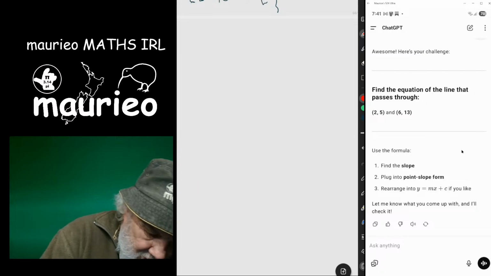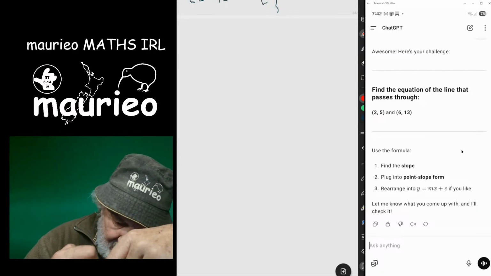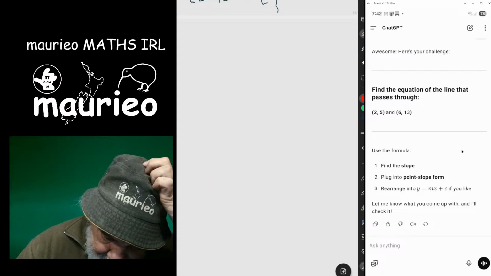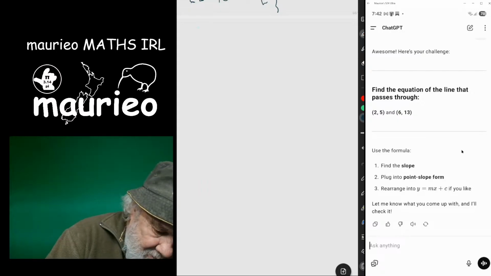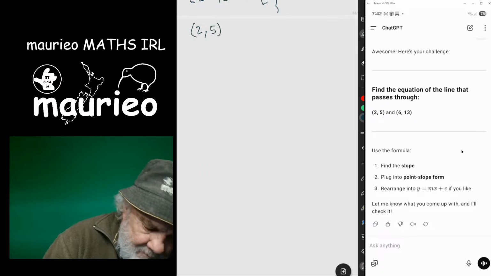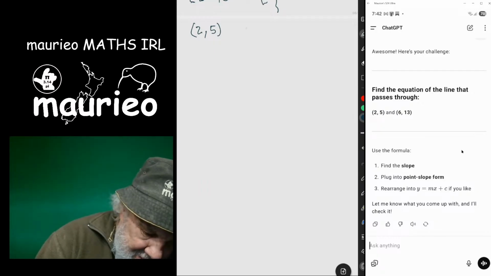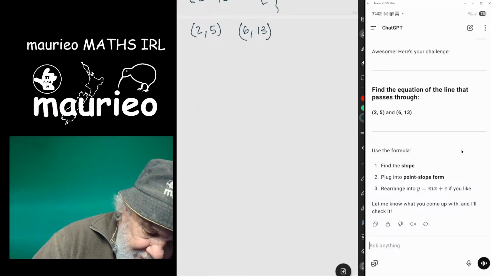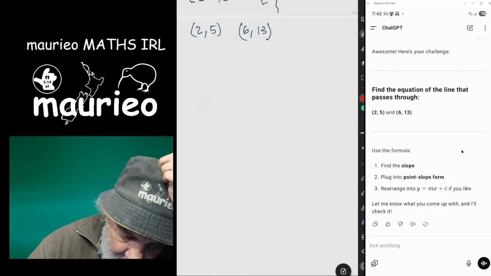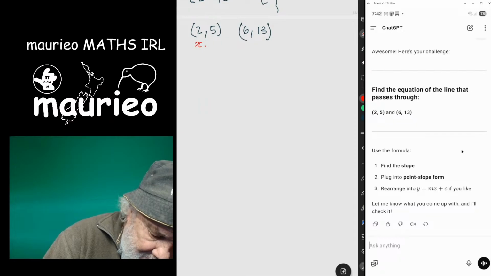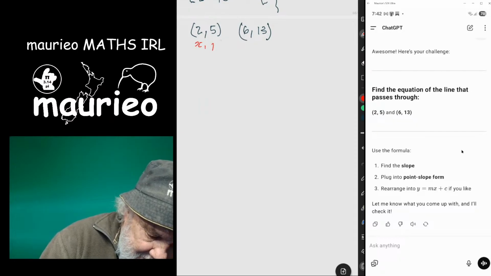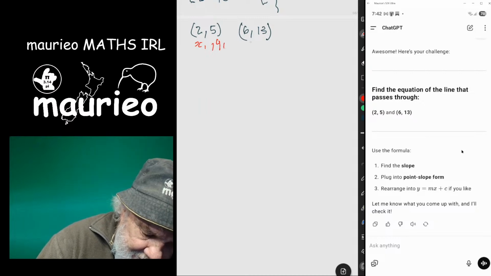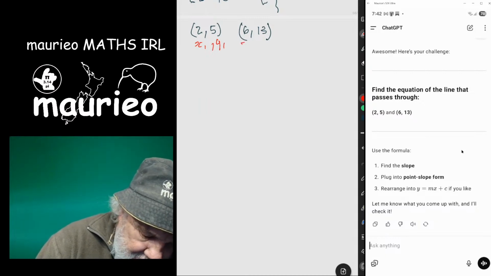So we're going to use the points 2, 5 and 6, 13. This one here is going to be x1, and this one here is y1, and this here is x2, and this is y2.